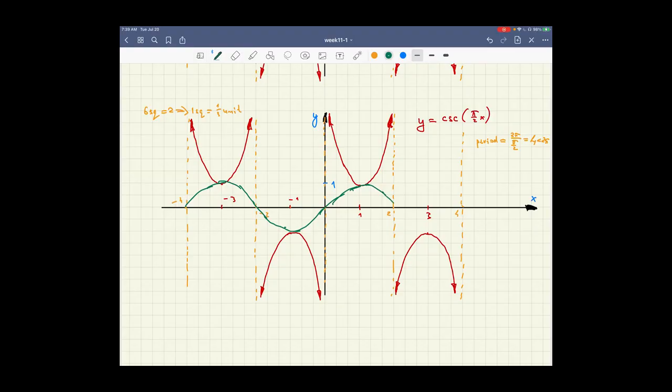And you can think about what will that be. That, I believe, will be sine x sped up by a factor of pi over 2. So perhaps this is sine of pi over 2x.